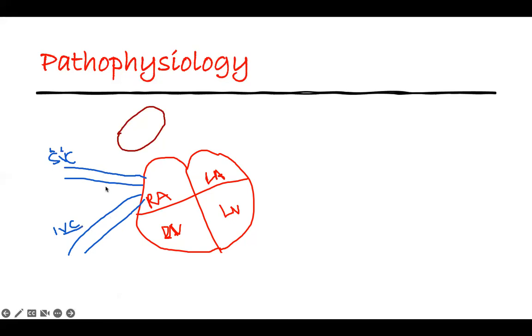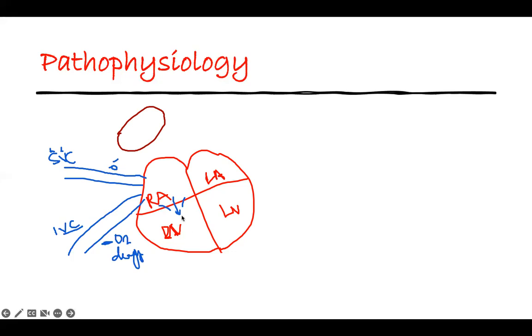These two big vessels, the blood returning has no oxygen in it. So it's called deoxygenated blood. So this is also negative oxygen. When you get to the right atrium, this deoxygenated blood is pumped through the tricuspid valve in one direction into the right ventricle.